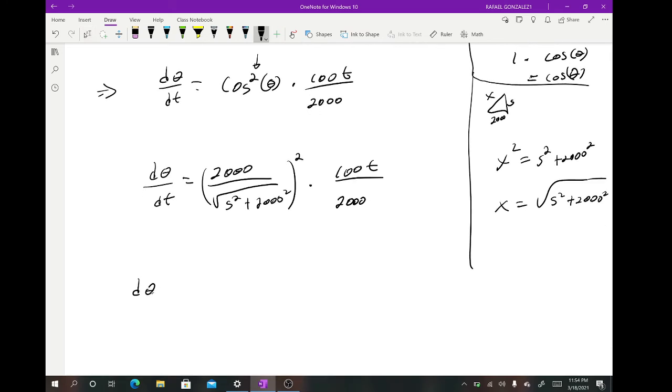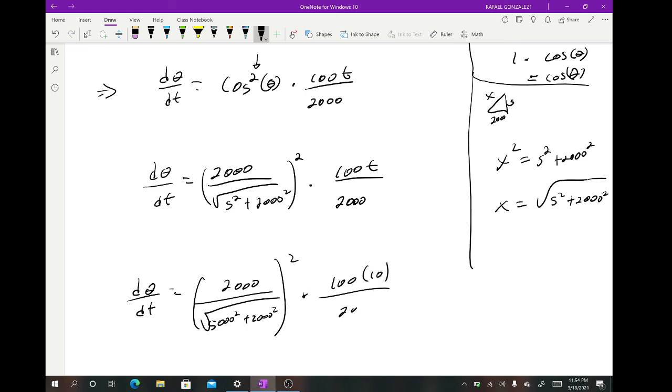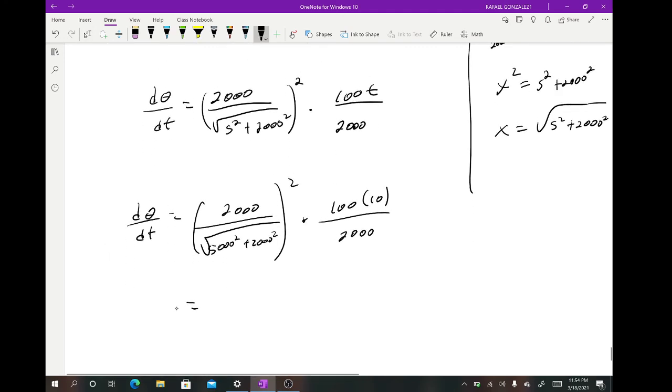So let's do that substitution. dθ/dt is equal to 2000 squared, and again, when s is 5,000, we're going to have 5,000 squared plus 2,000 squared. We're going to take the square root of that, times 100 times 10 divided by 2,000. Okay, so let's see what's happening here.